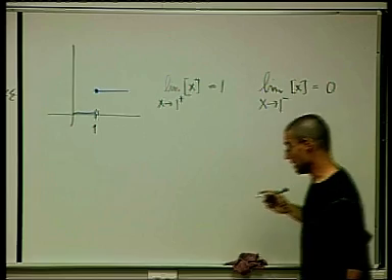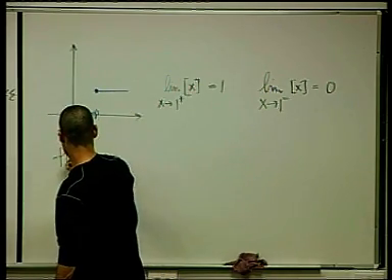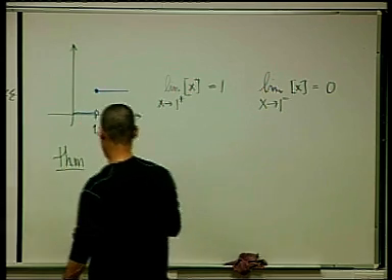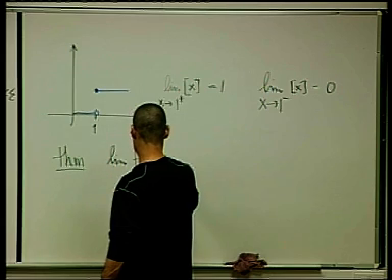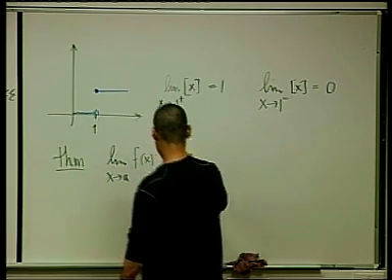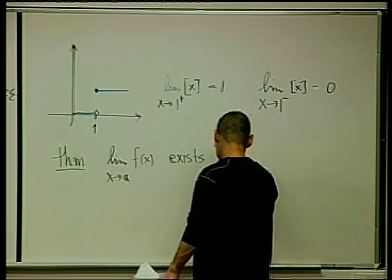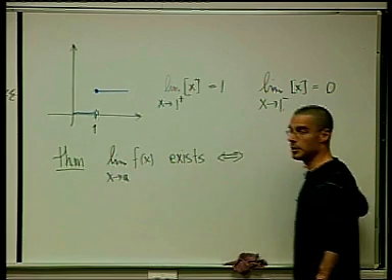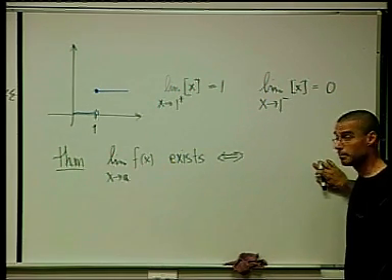And there's going to be a theorem. The limit of f of x as x approaches a exists if and only if, how does that relate to the one-sided limits? That it's equal. Right, both exist.